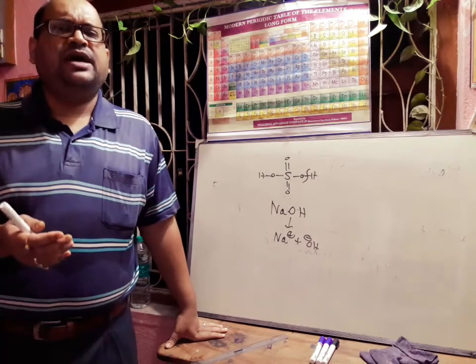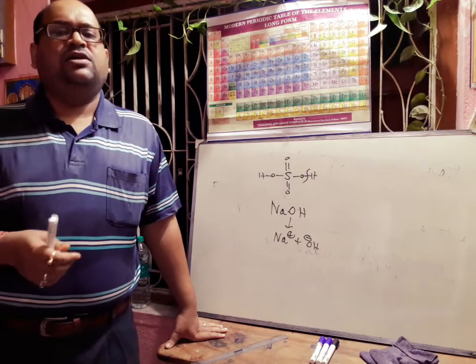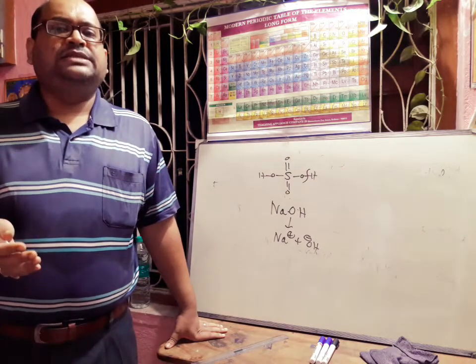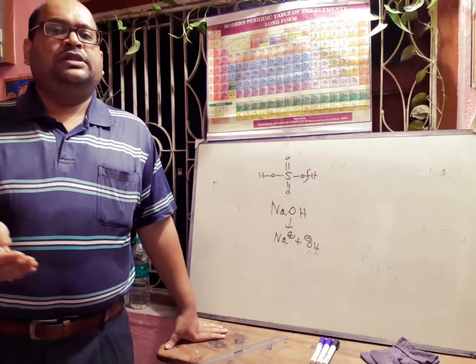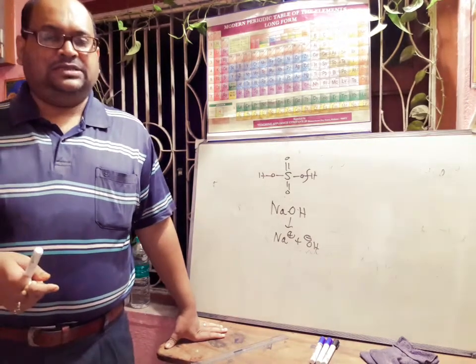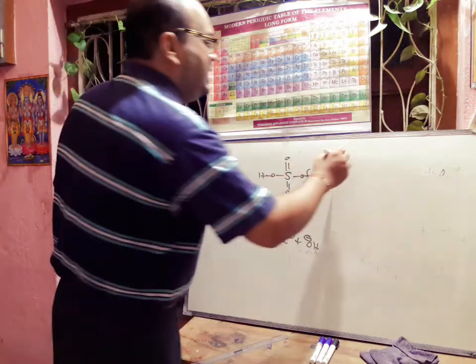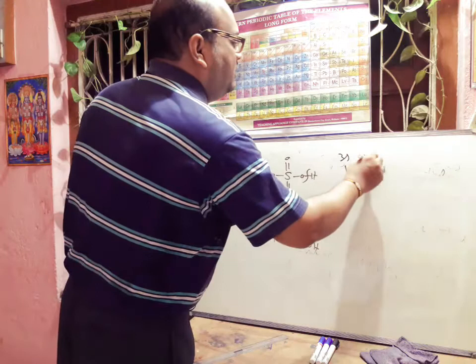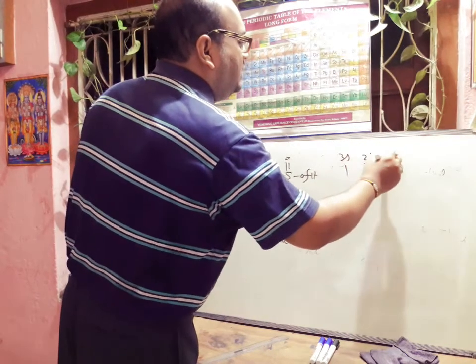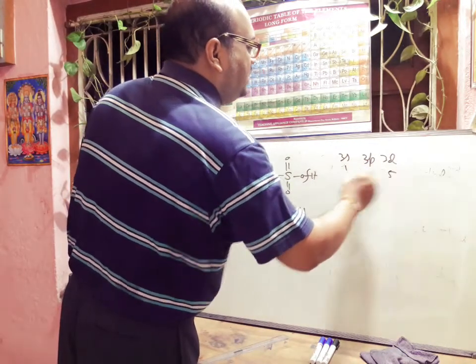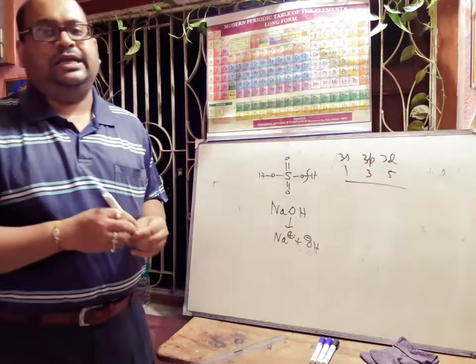The first member of the group has no vacant d orbitals, and third period elements have vacant d orbitals. So they have 9 valence orbitals: 3s, 3p and 3d. 3s is 1 orbital, 3p is 3 orbitals and 3d is 5 orbitals, so a total of 9 valence orbitals.